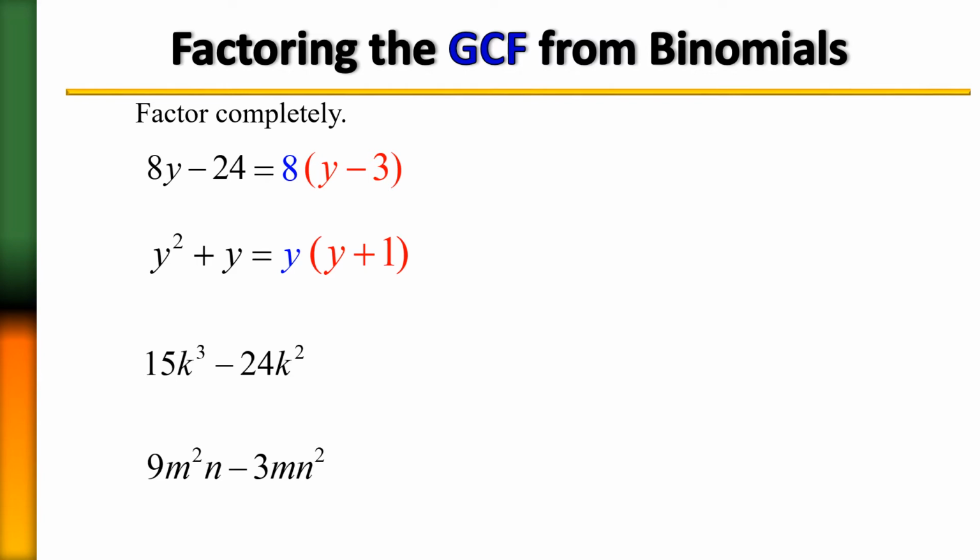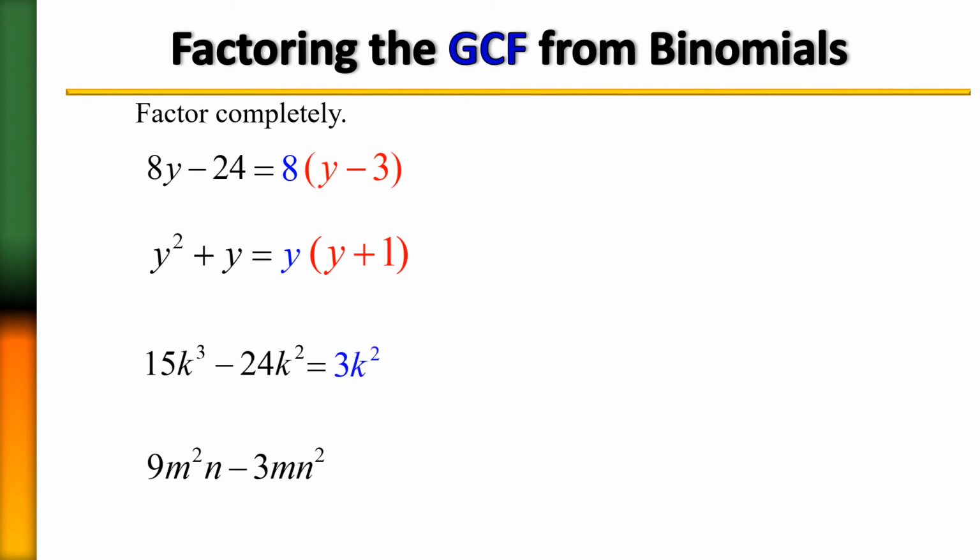Also, in terms of their variables, we look at the smallest power of k, and that would be the power of 2. So k squared has to be part of the GCF. So that would be 3k squared as my GCF.